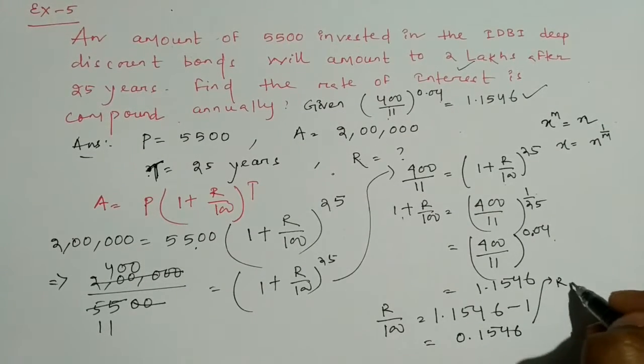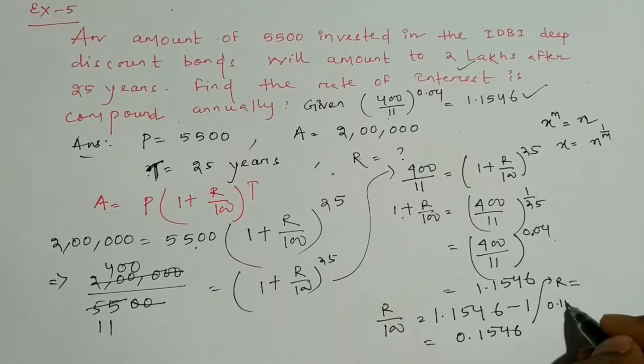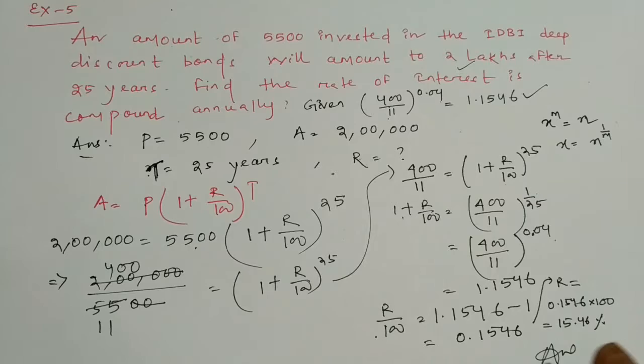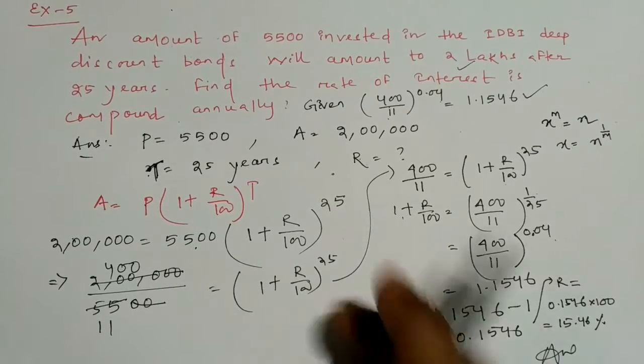So r will be 0.1546 multiplied by 100, so it will become 15.46 percent. This will be my answer. So just write down, thus the rate at which the company calculates interest is 15.46% per annum.